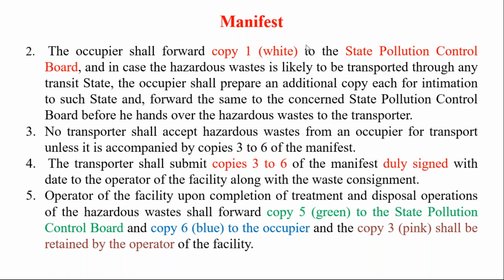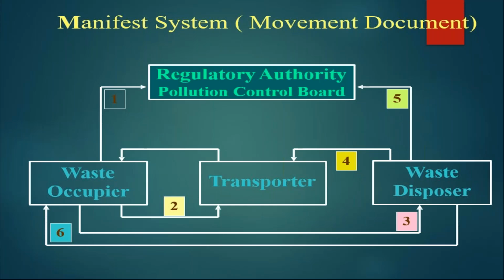So we have already discussed the significance of this document, who is going to handle it, and who is going to carry copy 1, 2, 3, 4, 5 and 6. This is the flow chart showing the movement of these documents having different colors, that is called the manifest system.